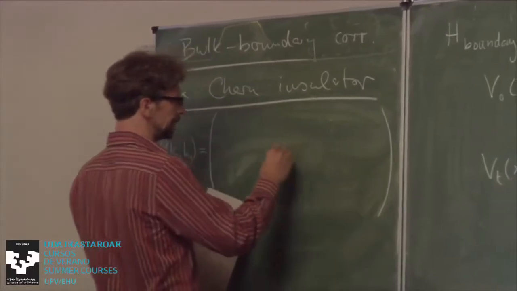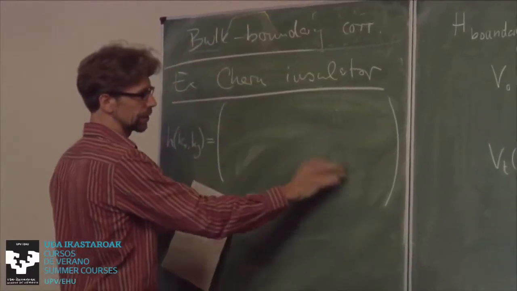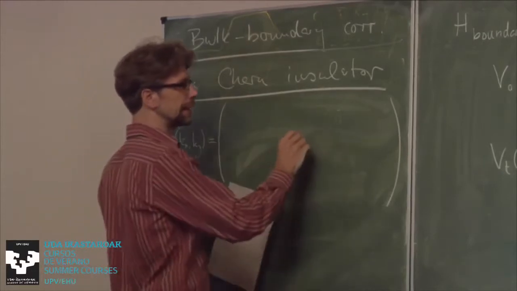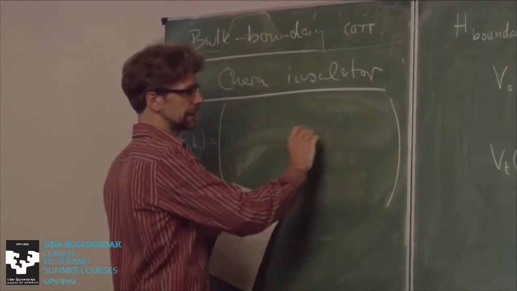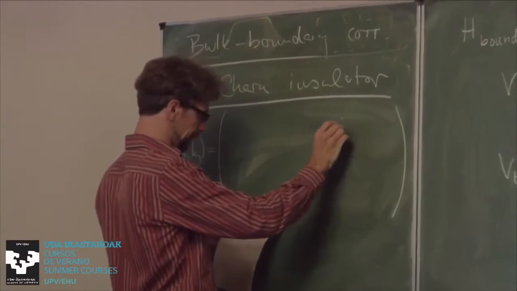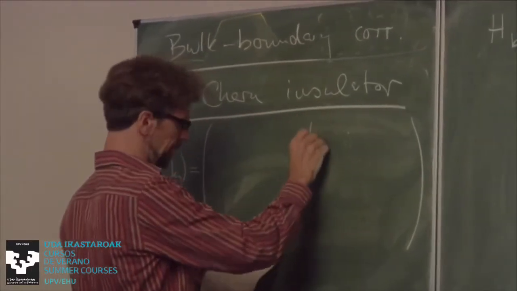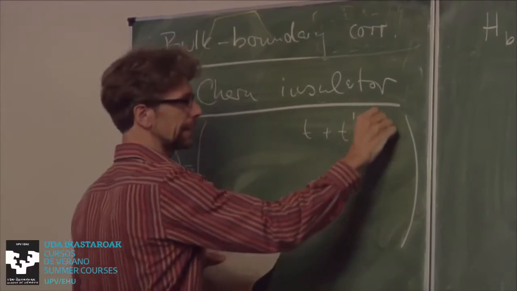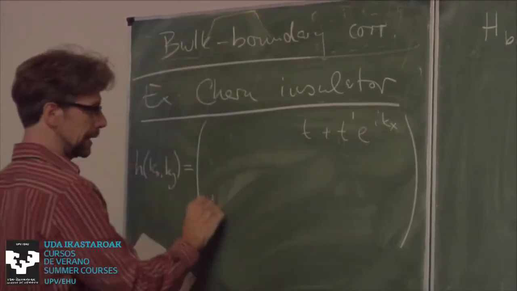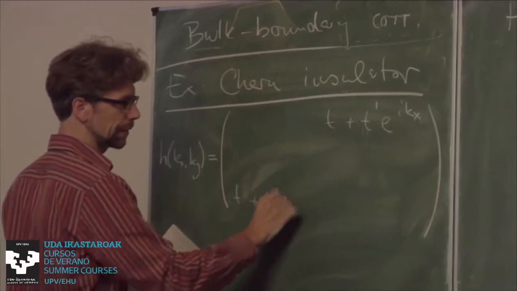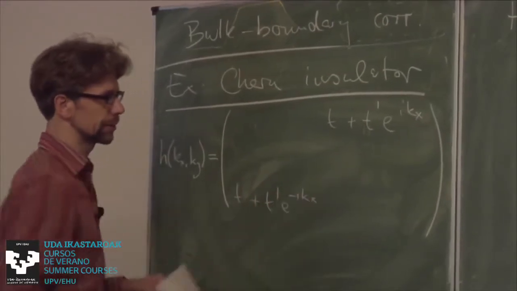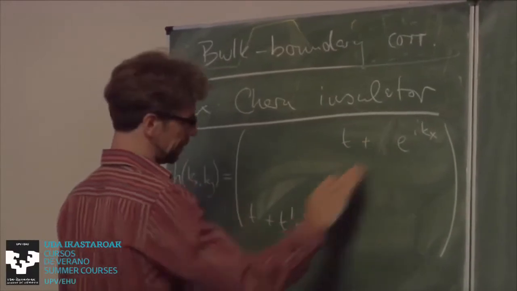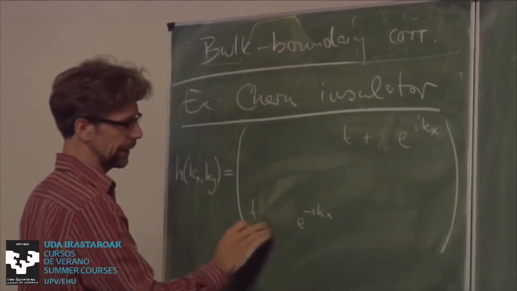You remember there was 0 on the diagonal, and then there was a term on the off-diagonal, which was t plus t prime times e to the i kx. And then there was t plus t prime times e to the minus i kx. That was the Su-Schrieffer-Heeger model. Now, first of all, for convenience, I'll just set this t prime equal to 1. So it'll go away.